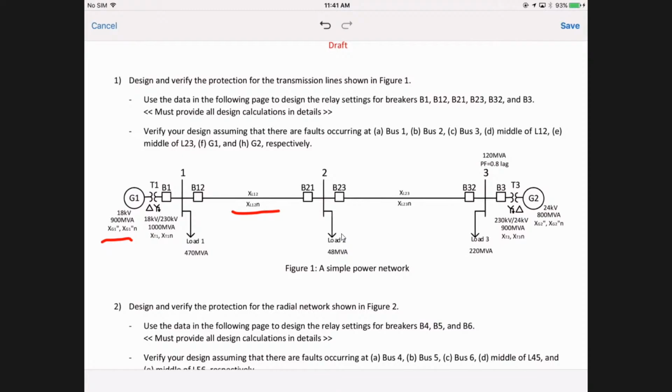You learned it in your previous course. Again, should I put it as a question so you can think about it? Why does the generator have a subtransient reactance different from the steady state, while the transmission line is very close, and the transformer is different? Why?